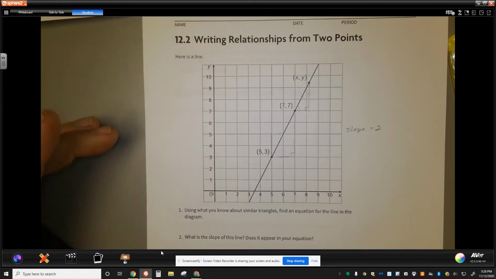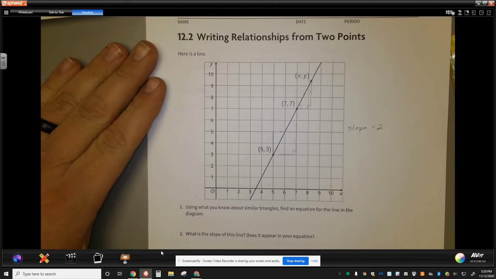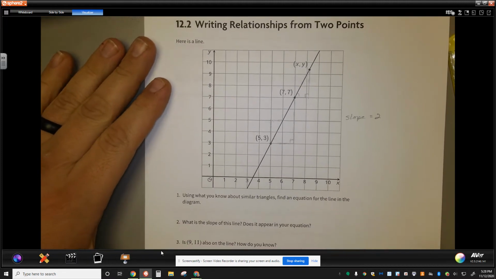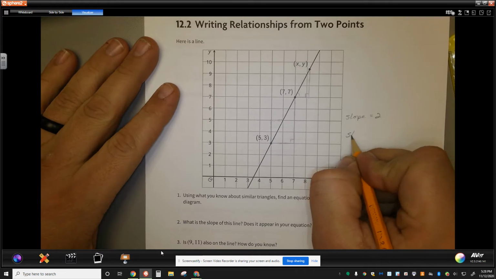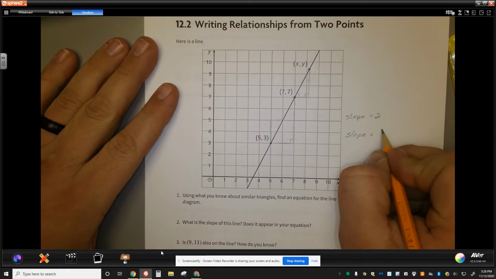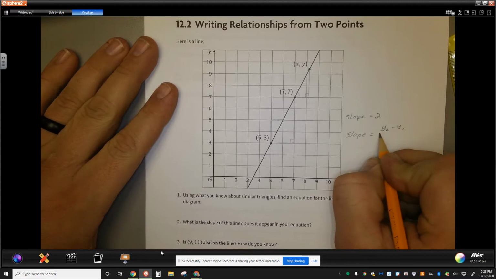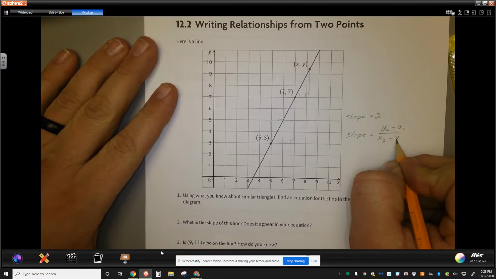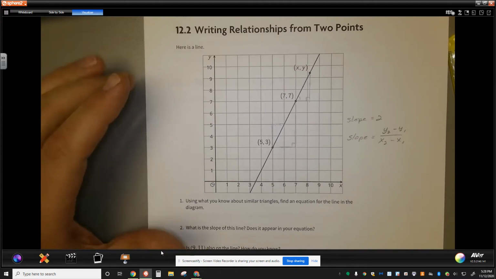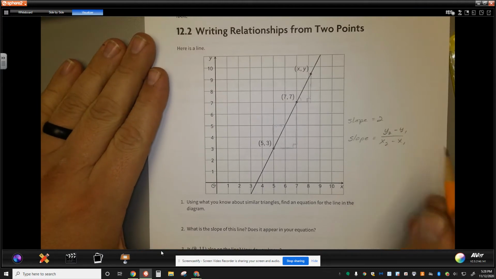Let's review what we talked about yesterday, or in the previous lesson, Lesson 11, where we had this slope formula, where we knew slope is equal to, get ready for it, y sub 2 minus y sub 1 divided by x sub 2 minus x sub 1. And again, quick recap, how did we get these right here?